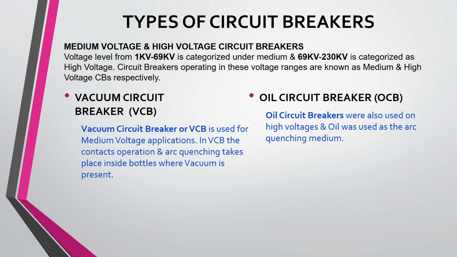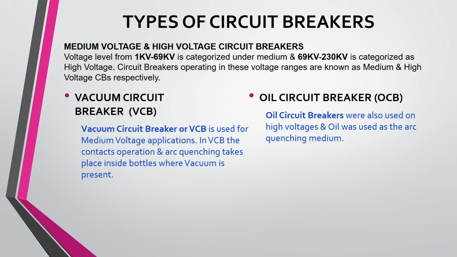Now talking about the vacuum circuit breaker, VCB. Vacuum circuit breaker is used for medium voltage applications. As we talked earlier, in VCB, contact operation and the arc quenching take place inside bottles where the vacuum is present.